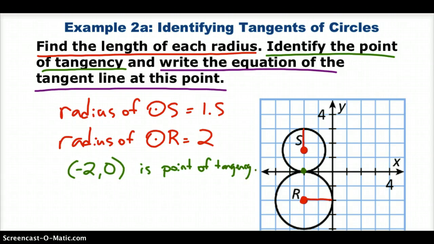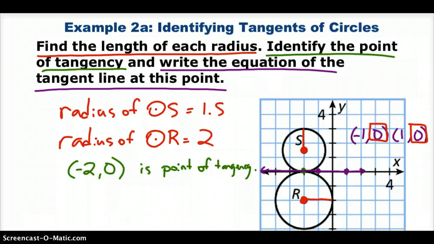If we wanted to draw a line that represents the tangent at this point, it would be this purple line right here. We can just use a couple points on this purple line and write the equation of it. I'll use the point -1, 0 and also the point 1, 0. Remember from the warm-up, these y values of our ordered pairs match.